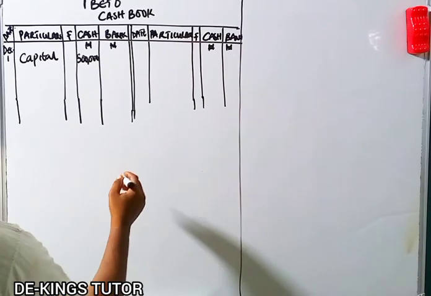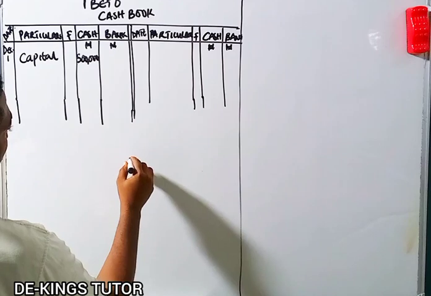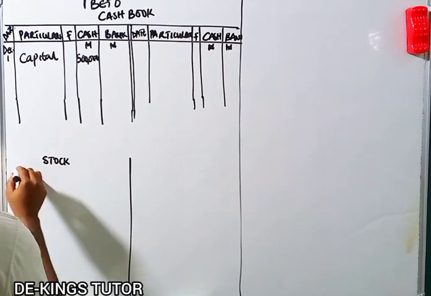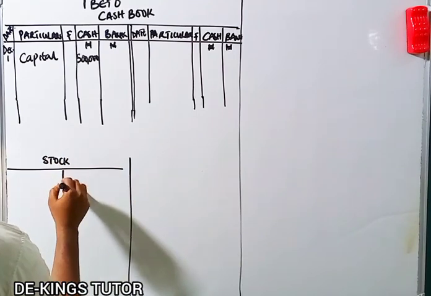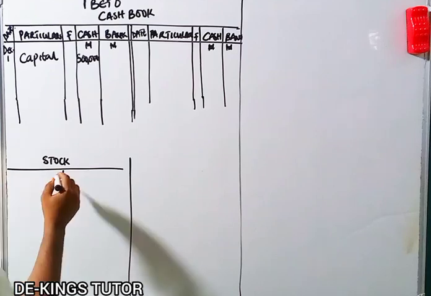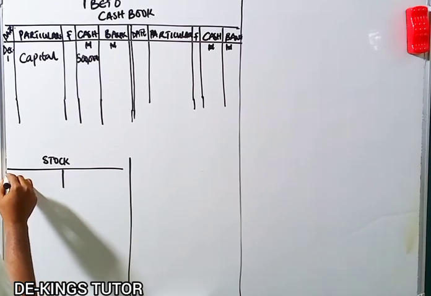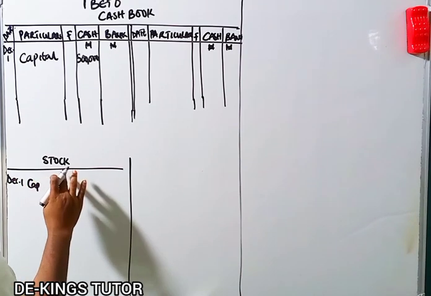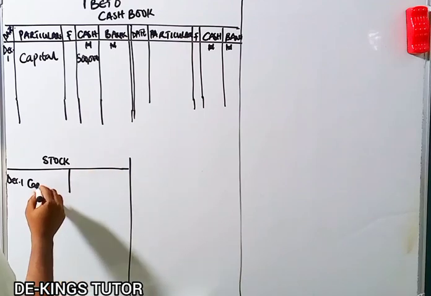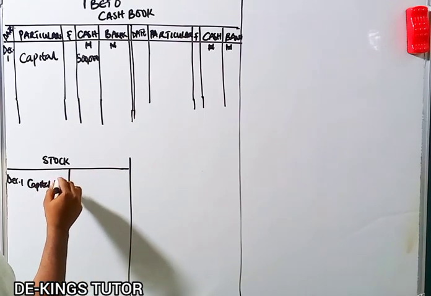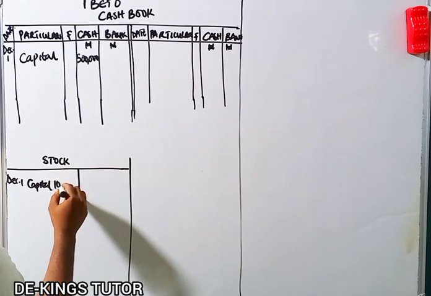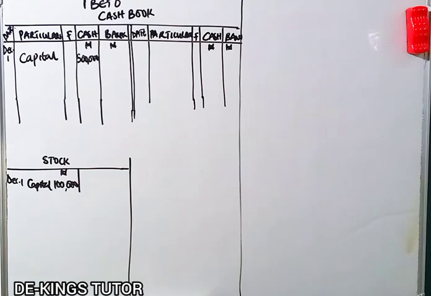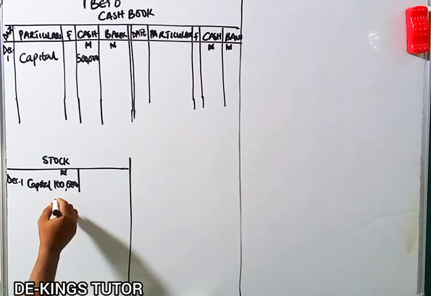So we can have the stock, still December 1st, as capital 100,000. Then we can open that for capital also.